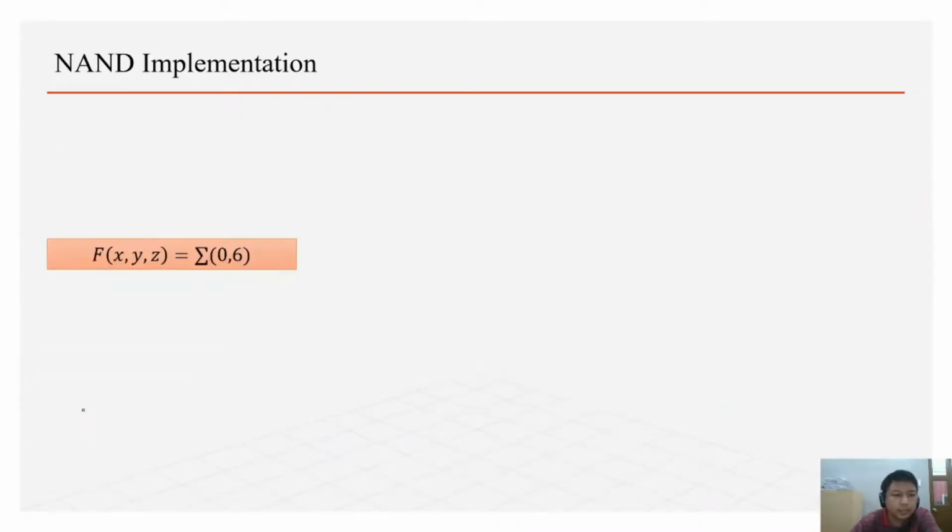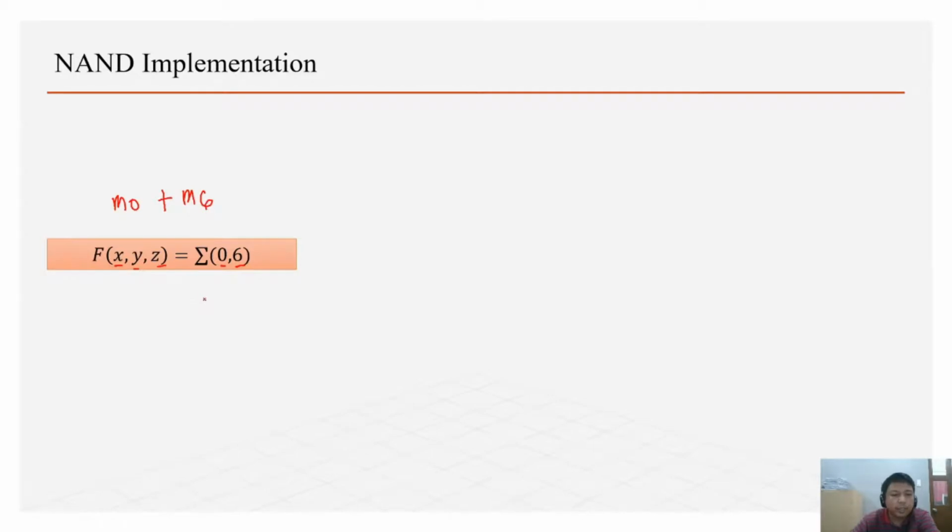Now we have another example here. We have f, the function of x, y, and z, summation of minterm 0 and 6. So this is written in summation of minterm. The first thing that we need to do is to look for the equivalent minterm. So that is 0, means that is minterm 0, plus we have here minterm 6.